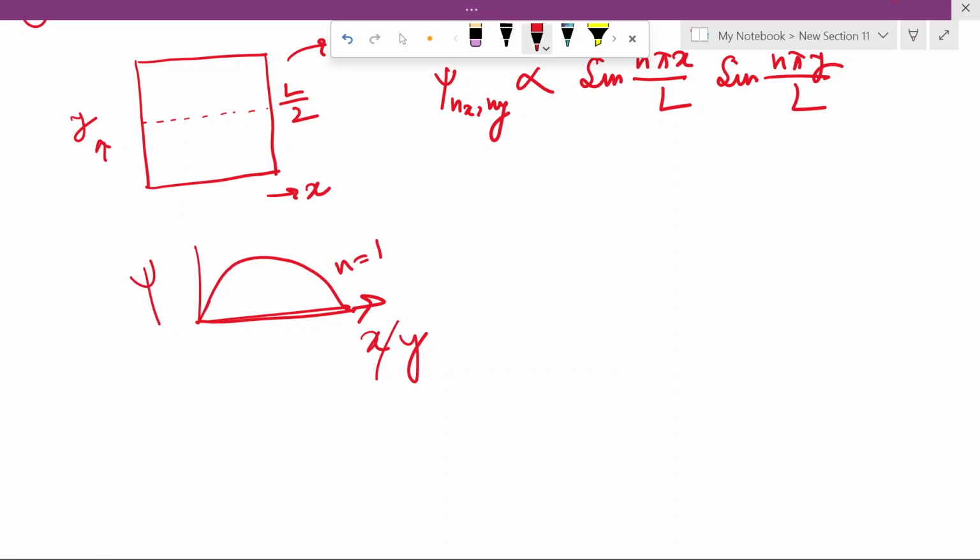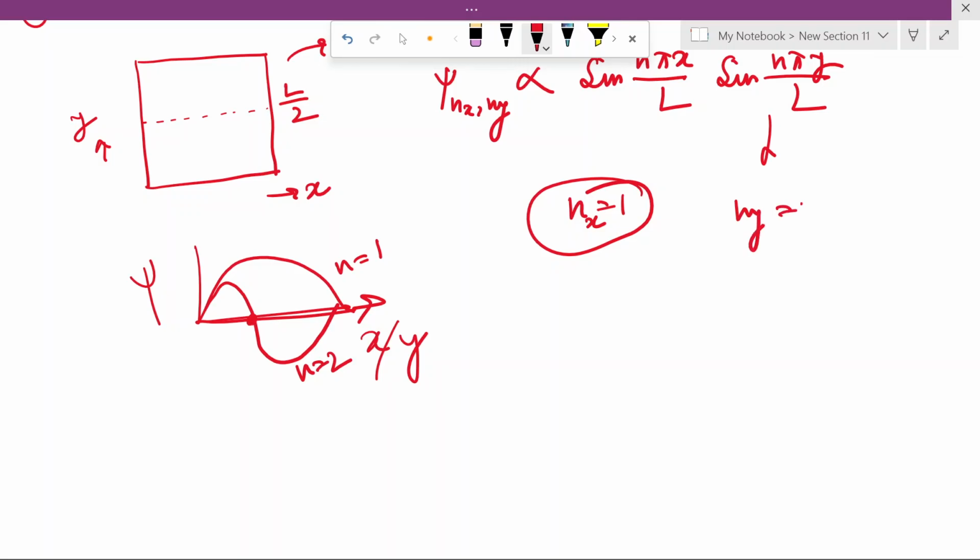And for n is equal to 2, it is like this, which has only one point where it is 0. In the x-axis, there is no point where the wave function is 0. So the x-axis will consist of n is equal to 1 only, because for any other value of n, the wave function will be 0 at some value of x apart from the boundary. So nx is equal to 1 only. And for the y case, it is only 0 at the middle, so ny will be 2.